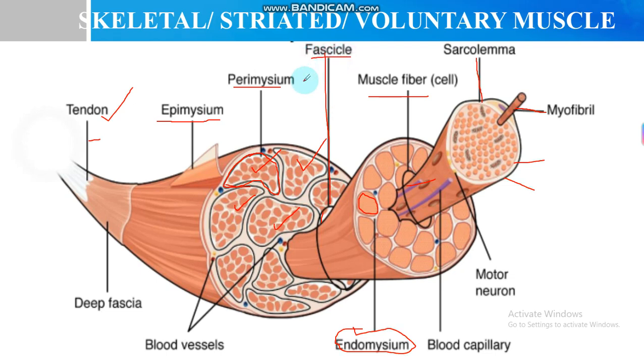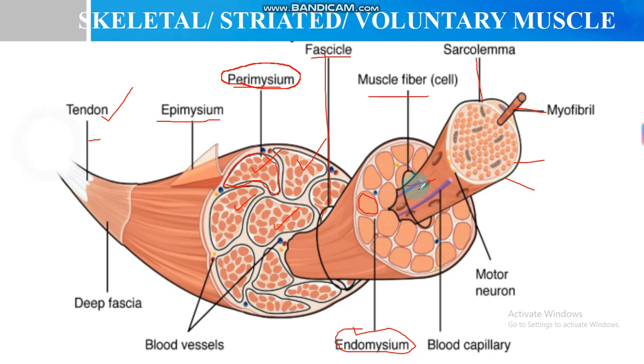Each fascicle is surrounded by an outer membrane which is called the perimysium. Inside the fascicle, inside the bundle, there are many muscle fibers.